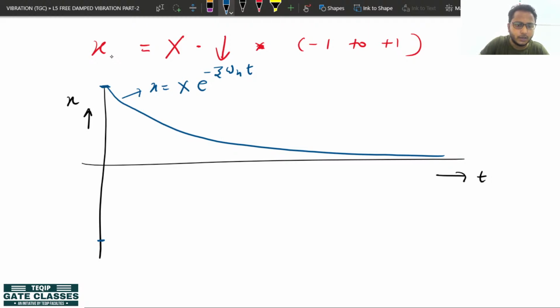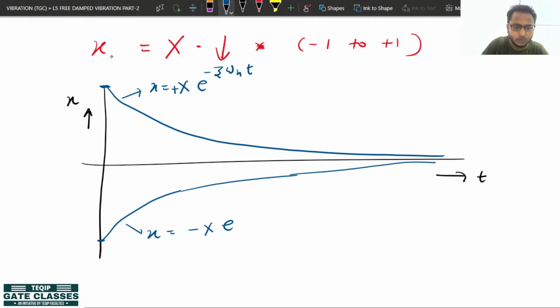Okay, this is positive. When the sine value is negative -1, the graph will be like this, and the equation will be x equals to minus X exponential to the power minus zeta omega n into t. Why? Because sine has the value of -1 and here the value is +1.